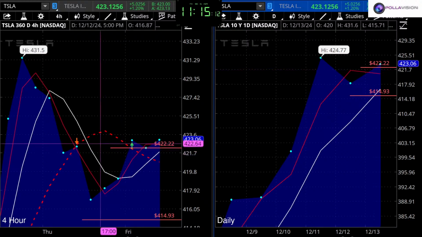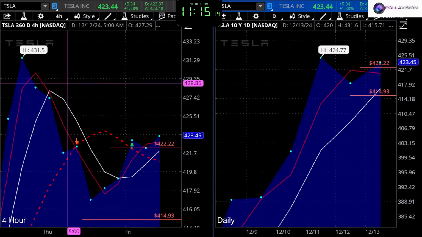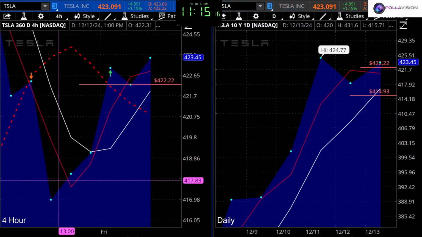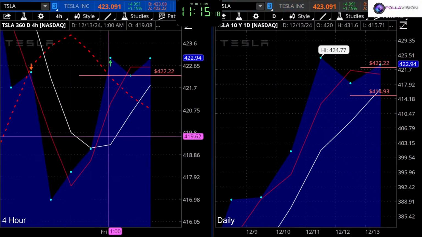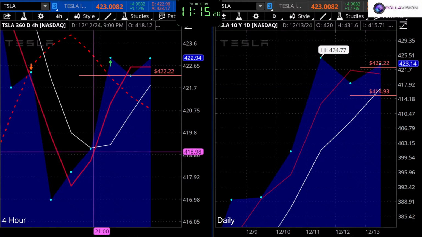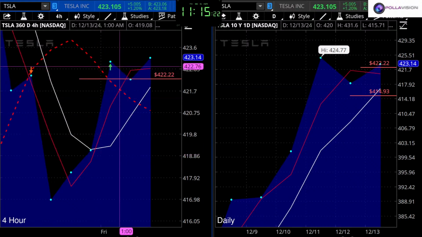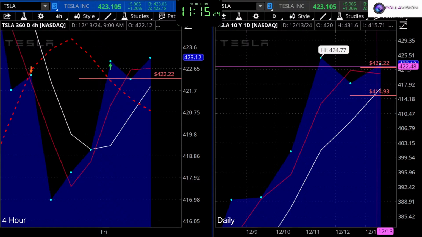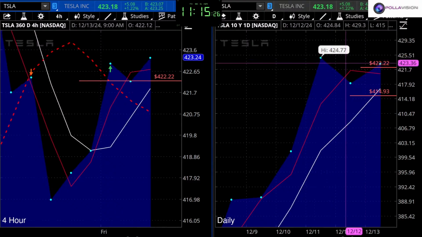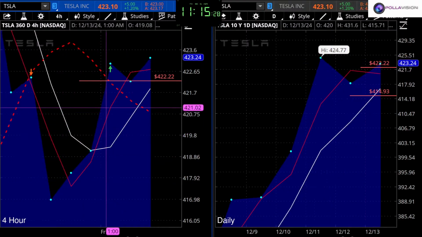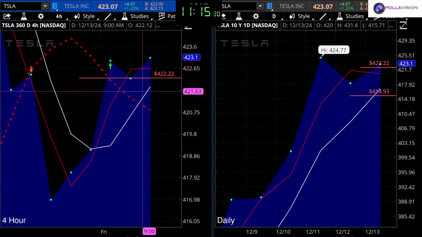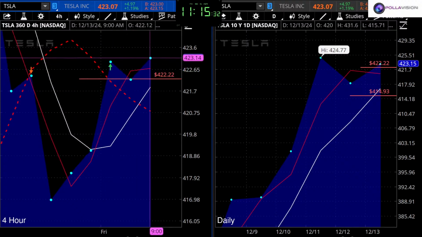And then here, we can see the flip on the 4-hour. I'm sorry, this here was the daily. I got too many charts open. And here you can see the 4-hour. The 4-hour is far away from the correction, and we're above the 2.